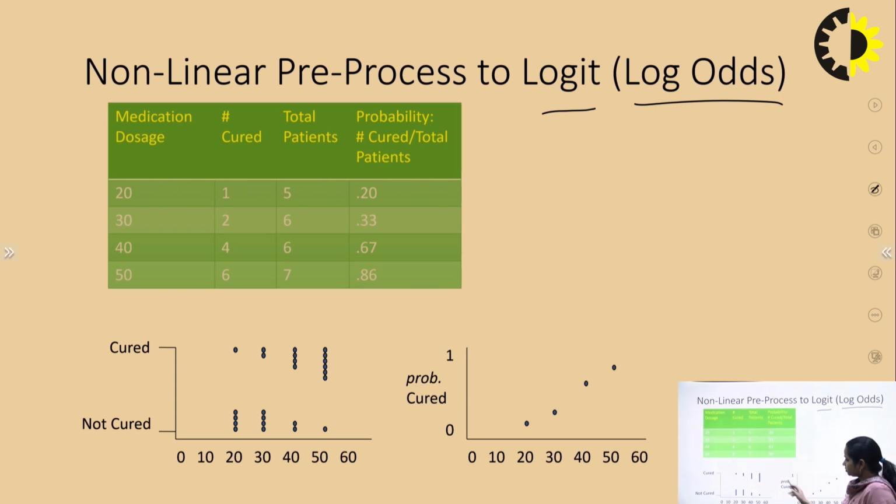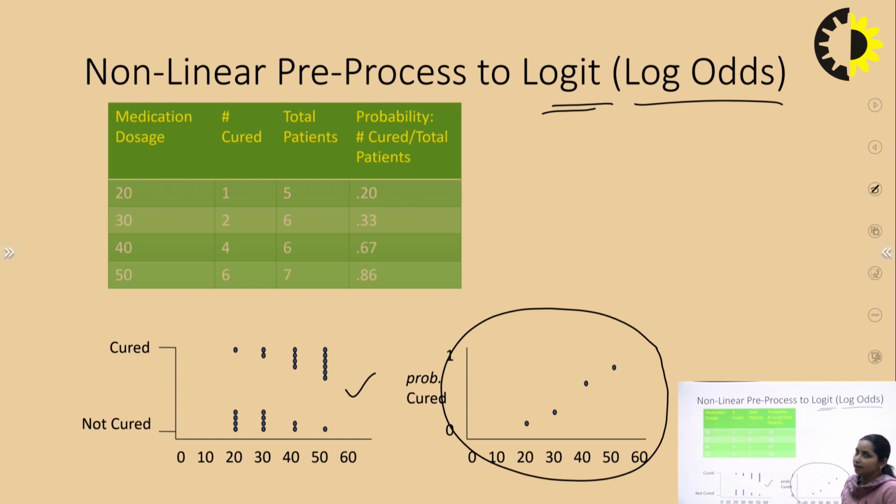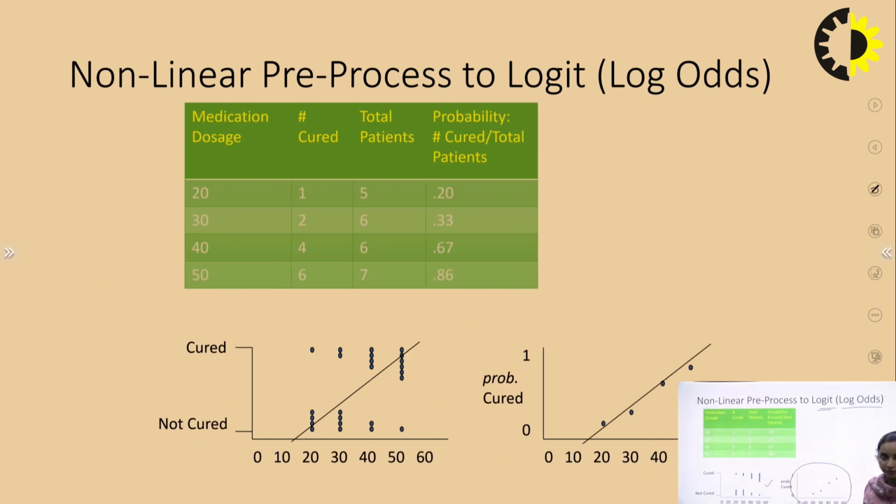As per the graph, you can see not cured, cured. This is the table and this is the result in the form of a graph. In this particular graph we can see the probability of the cured patients. This is all data and this is the logit data, right?